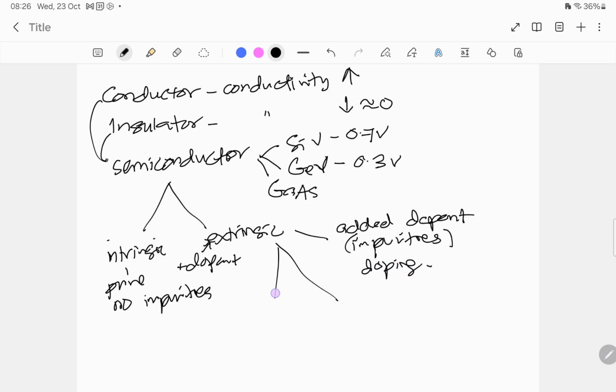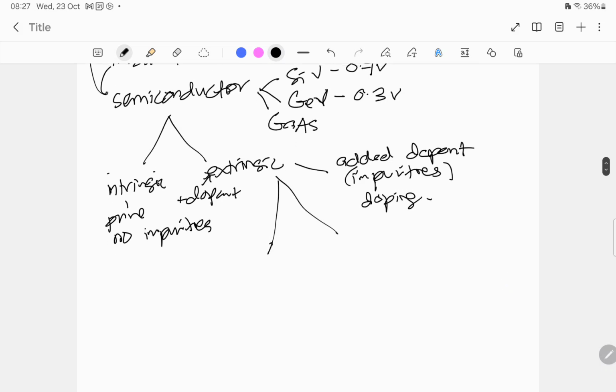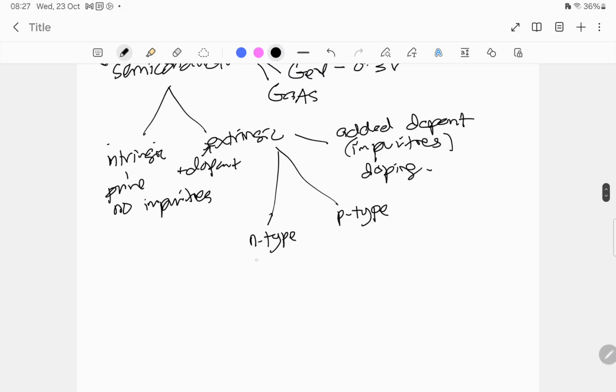And then it will become N-type and P-type. For N-type, the majority carrier is electron. For P-type, the majority carrier is hole.